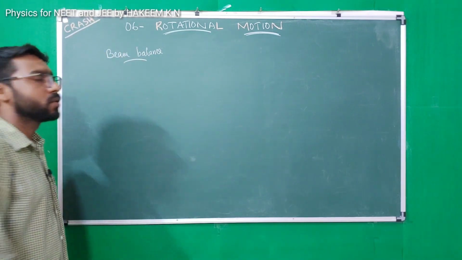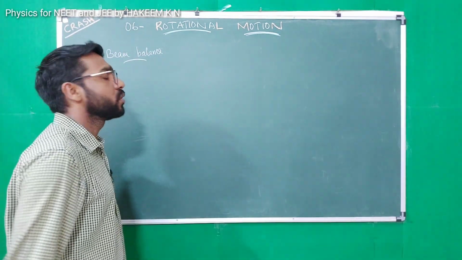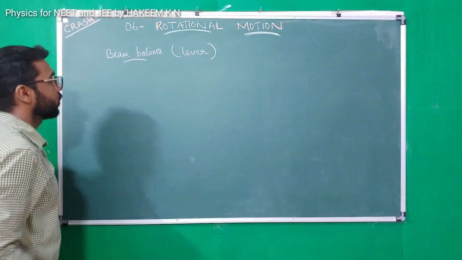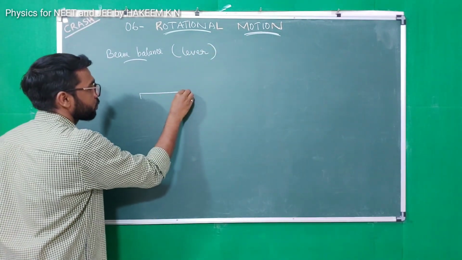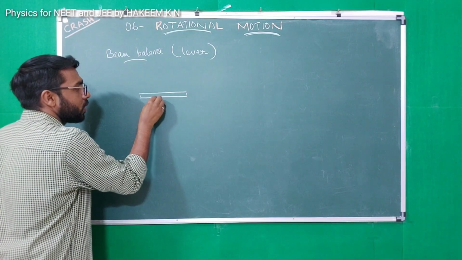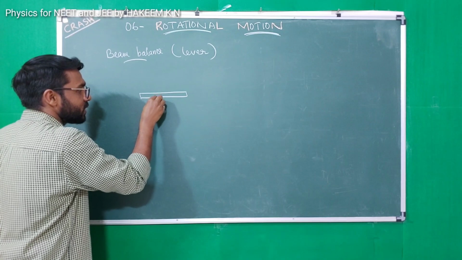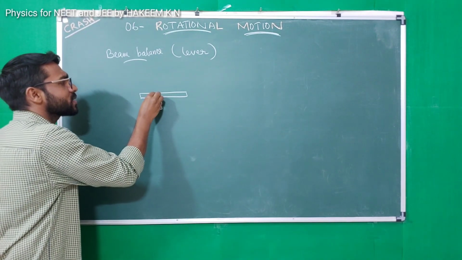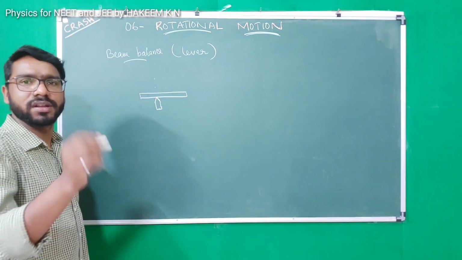Beam balance, or we can say seesaw. Here the balance is supported using a pivot, or it is suspended using a thread, whatever it may be.